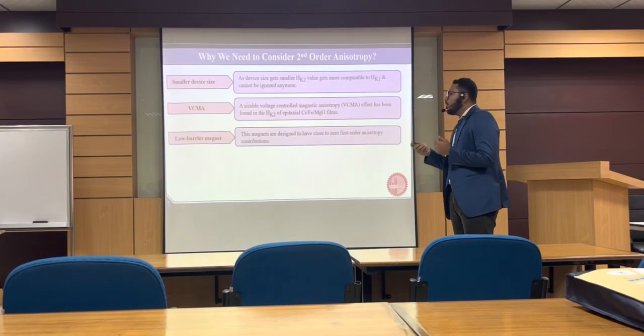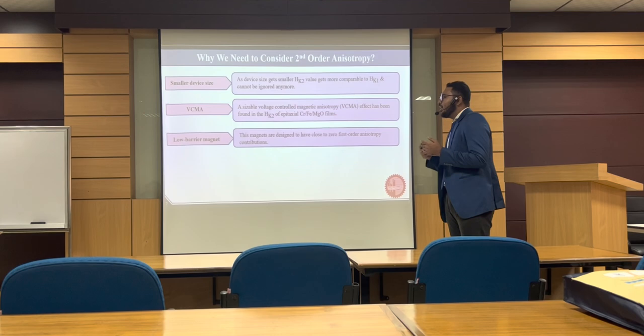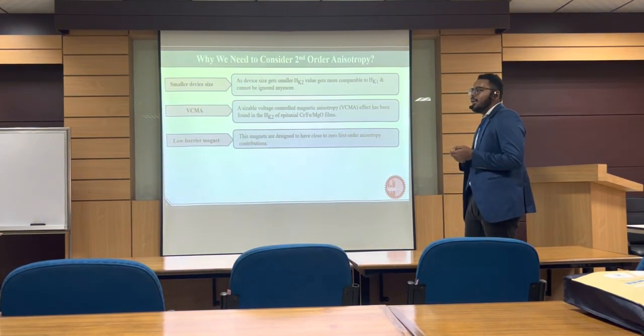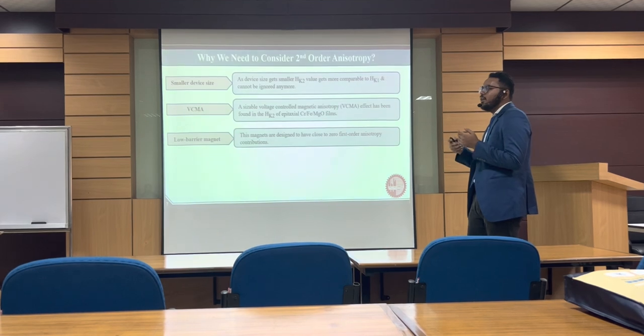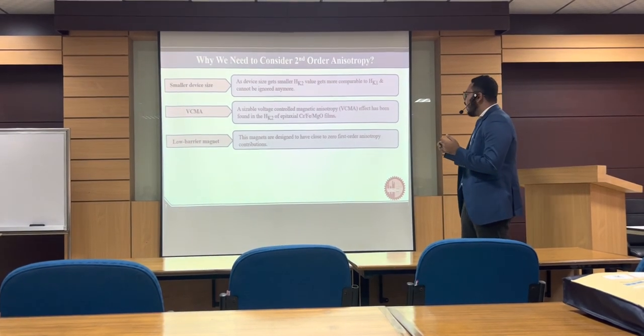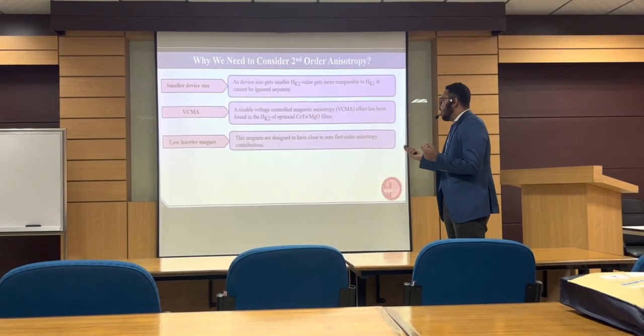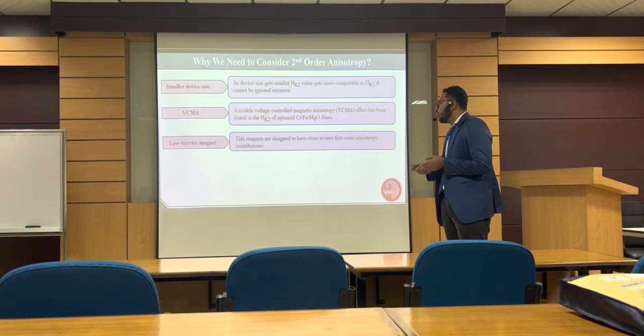Also, for some computation models, we actually need a low barrier magnet. And in this low barrier magnet, the first order value gets close to 0. So to understand the magnetization of this low barrier magnet, we actually have to consider the second order anisotropy value.